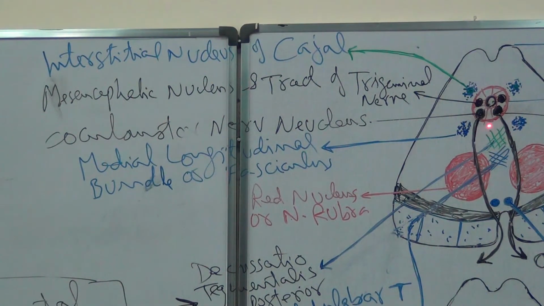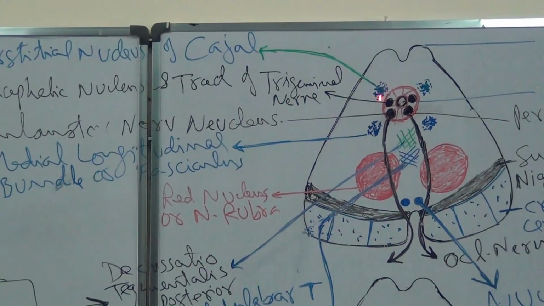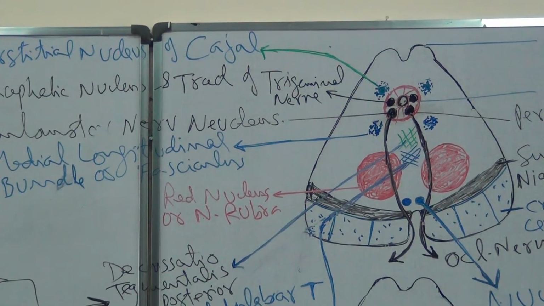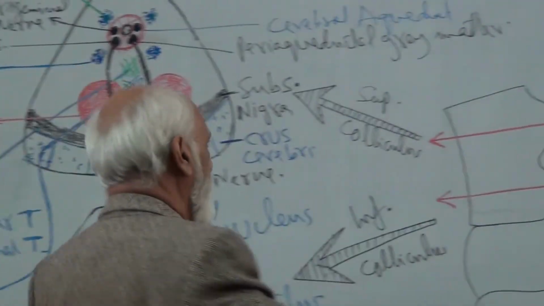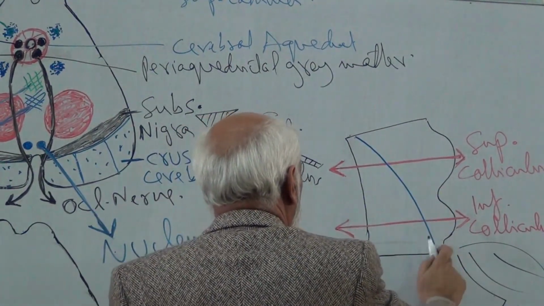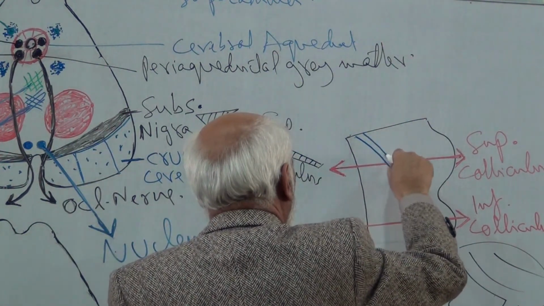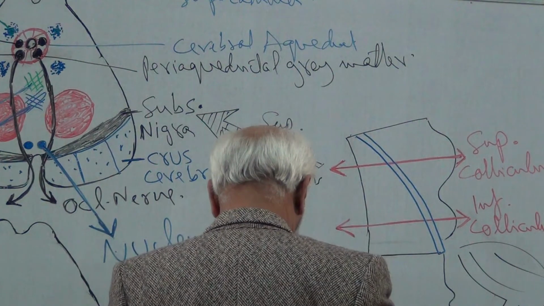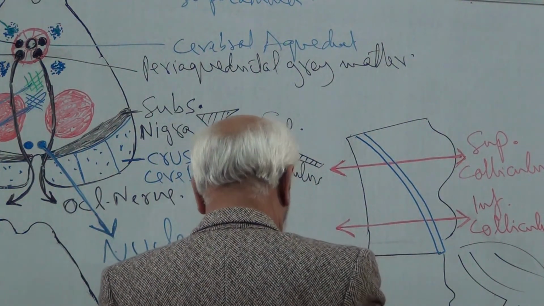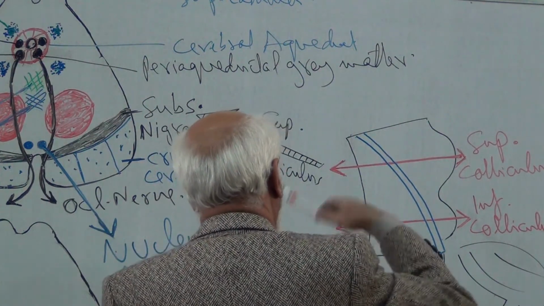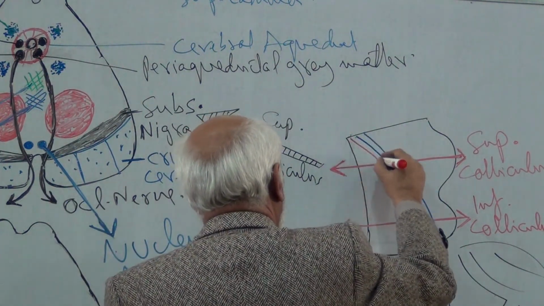It is not present here at the lower level, but just to explain, I have drawn it. It is at the uppermost part of the cerebral aqueduct. Suppose this is the cerebral aqueduct crossing through the midbrain, and the cerebral aqueduct is surrounded by the central gray matter.